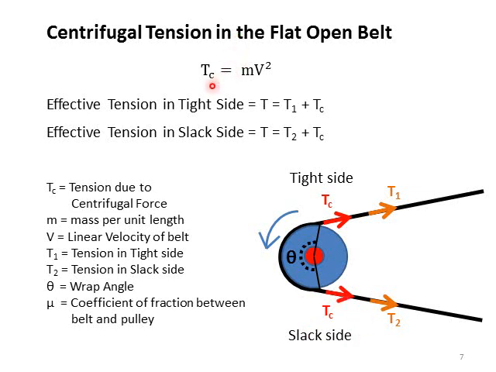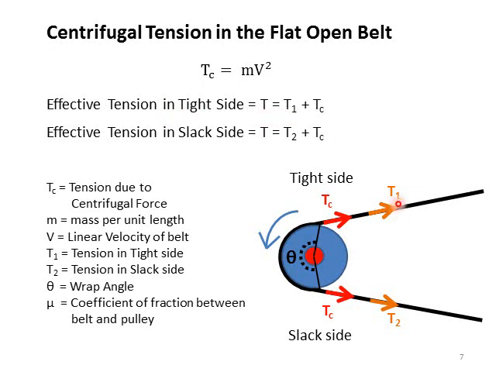Tc is equal to mass per unit length m into the square of linear velocity. Very simple formula.